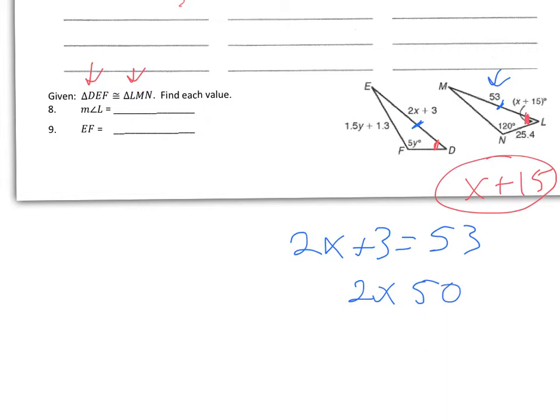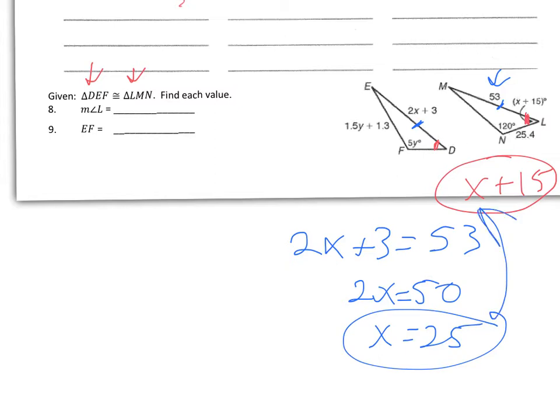Subtract 3, divide by 2, and x equals 25. Now that I know that x equals 25, I plug it into this expression, and 25 plus 15 equals 40. Therefore, the measure of angle L is 40 degrees. Number 9 is very similar to that.